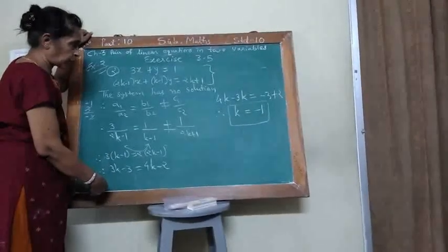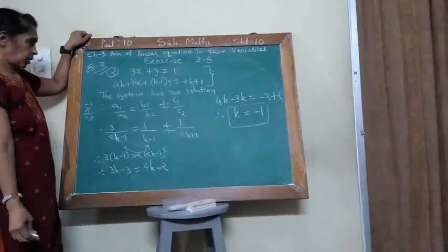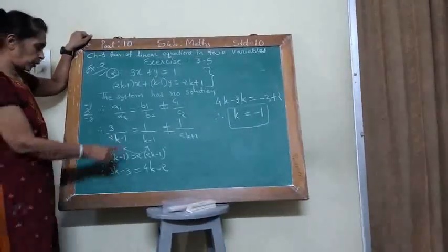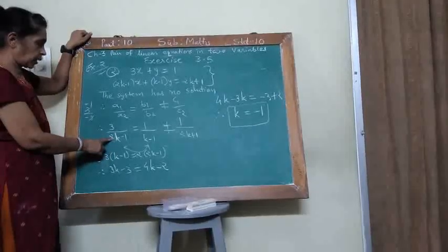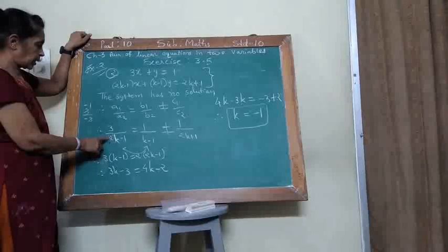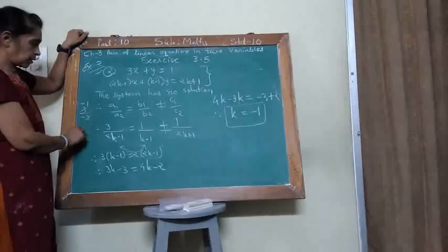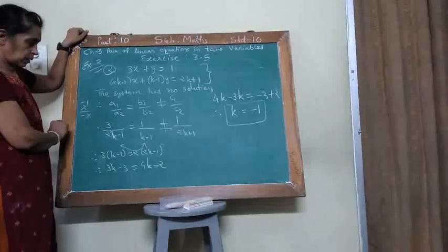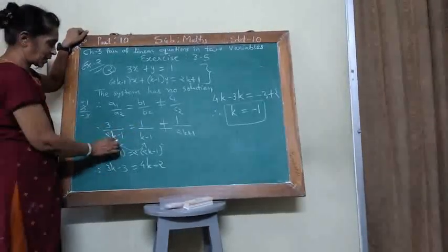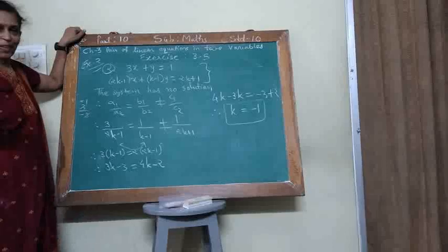So K is equal to minus 1, and if I put here minus 1, then minus 2 minus 1 is minus 3. 2K minus 1 into 1. Yes, yes. Very good, Priyanka.